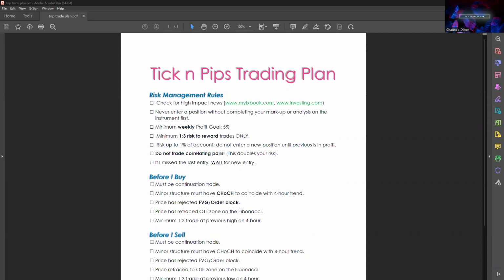So to start off with, your trading plan is not going to stay the same as you grow as a trader over the years. Mine has definitely been through like 5 different drafts of a trading plan. I change it every time I find something that works better for me. Maybe it's the time of day that I trade or the type of trades that I like to take. Like I used to scalp when I first started trading. I don't like to scalp now.